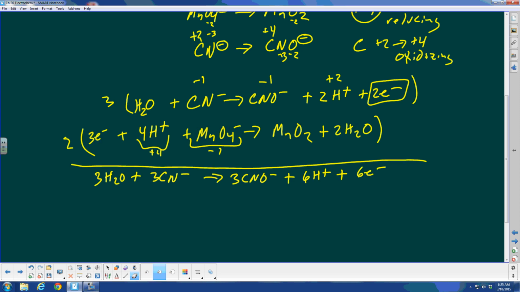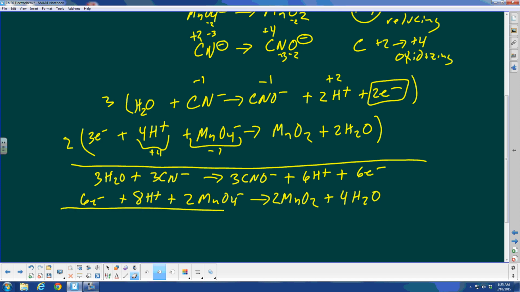And below that, I have 6 electrons plus 8 H pluses, and you've got to be careful here so you don't make any mistakes on your multiplying or forgetting to multiply, like, ooh, I almost did there, plus 4 waters. Then we're going to combine these and eliminate.